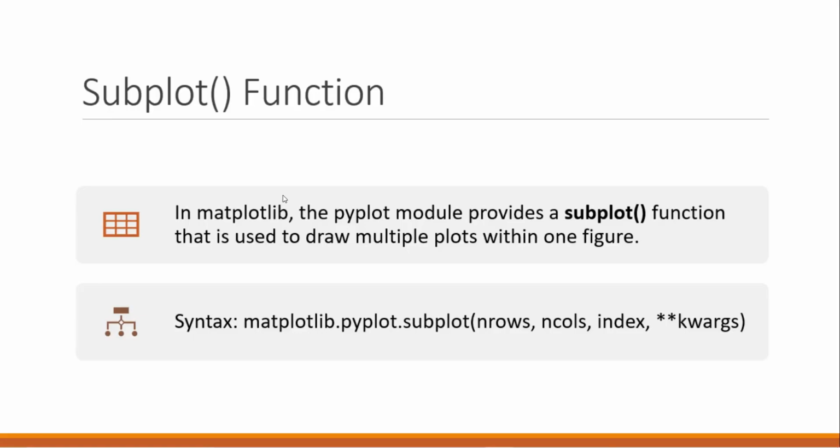So let's see one more function to create a subplot, that is the subplot function. In Matplotlib, the pyplot module provides a subplot function that is used to draw multiple plots within one figure, and the syntax of this function is matplotlib.pyplot.subplot, and in parentheses we pass different parameters.